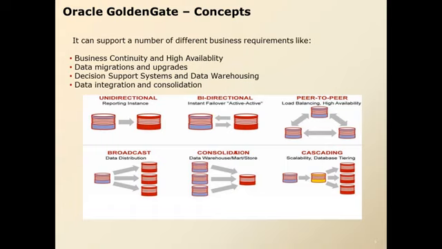Then you could use Goldengate for broadcasting. In broadcasting, you have one source and multiple targets, and you can distribute the data. So you have one source and three targets.